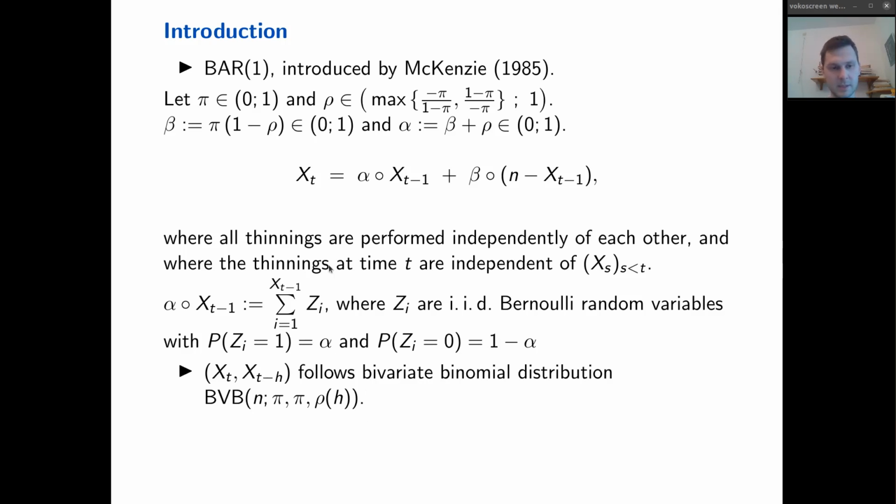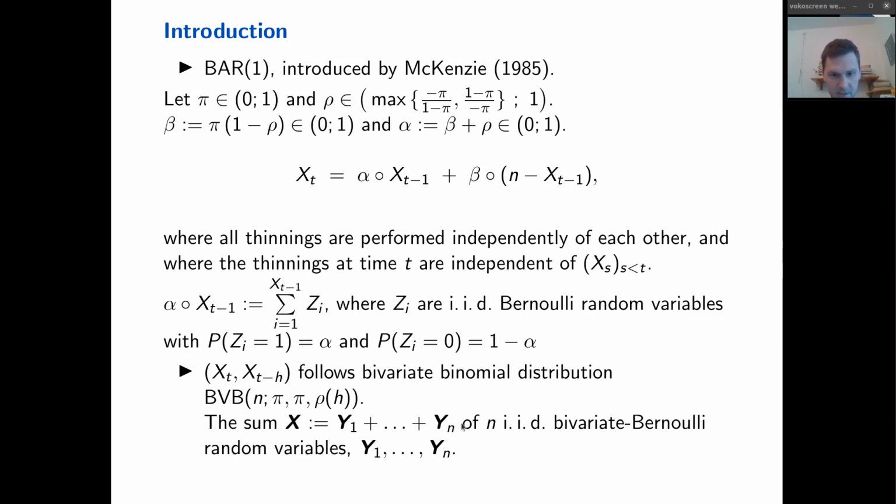Such examples are modeled with the binomial autoregressive 1 model. Lagged pairs follow bivariate binomial distribution, which arises from the sum of IID bivariate Bernoulli distributions. The marginal distribution of this process is the binomial distribution.